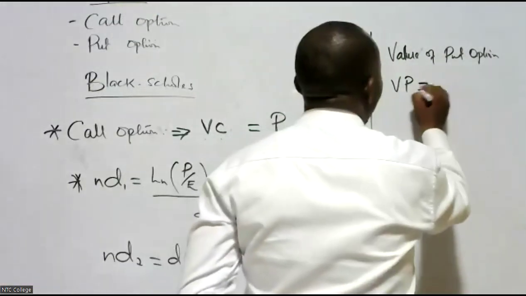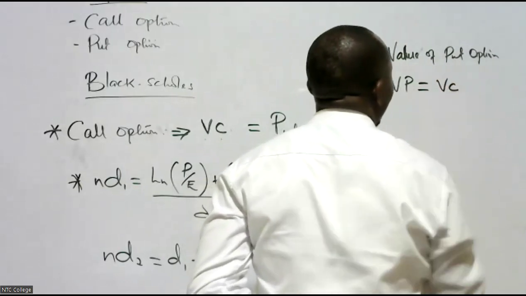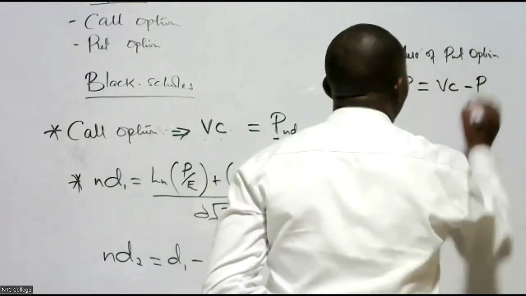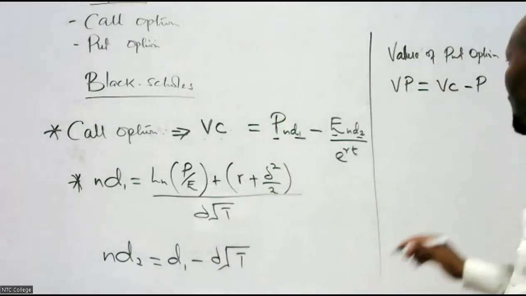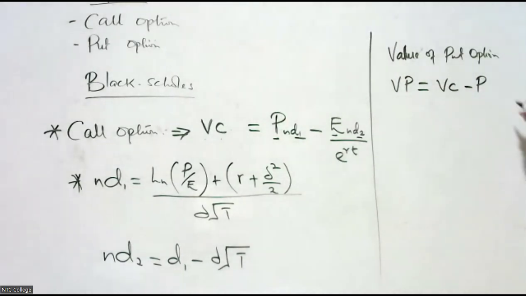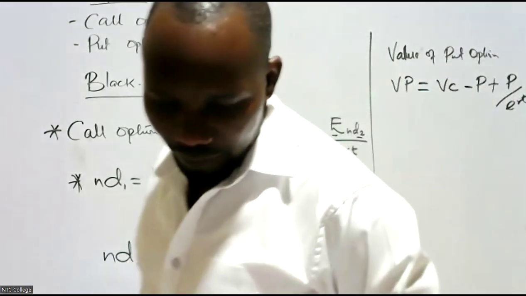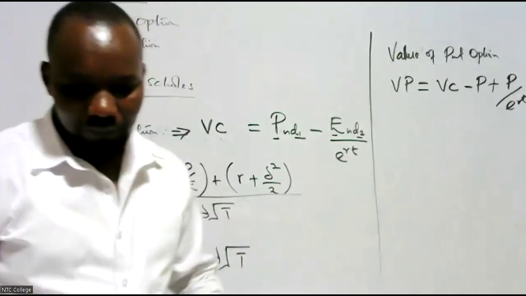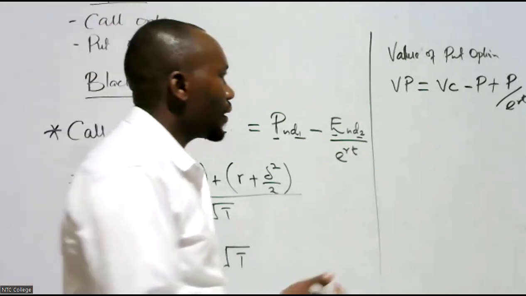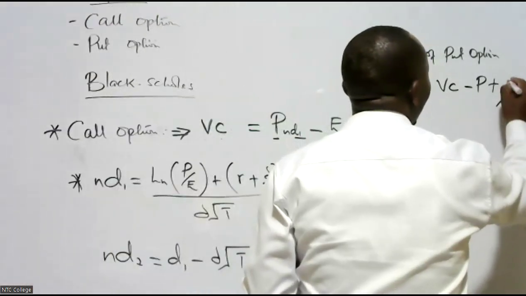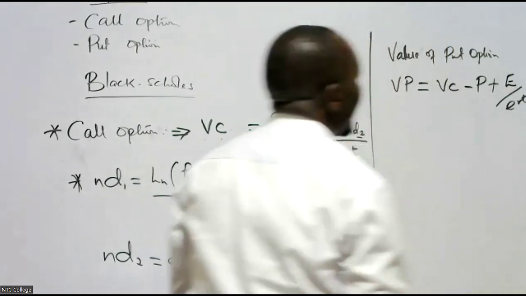It is normally the same as VC, the value of call, minus P plus E all over e^(RT). Or you can call it E over e^(RT) minus P, so that we can separate them.